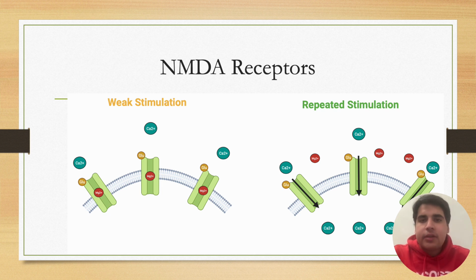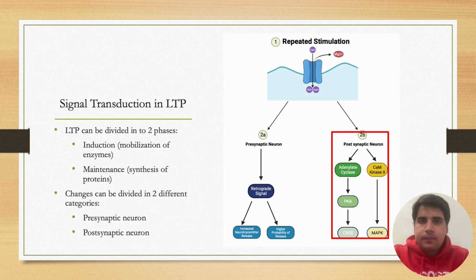But after getting repeatedly stimulated, the synapse goes through changes and the magnesium ion is displaced. So you could say one of the changes that long-term potentiation causes is the displacement of the magnesium ions, which means that ions such as calcium and sodium can freely pass through the channels and enter the postsynaptic membrane.